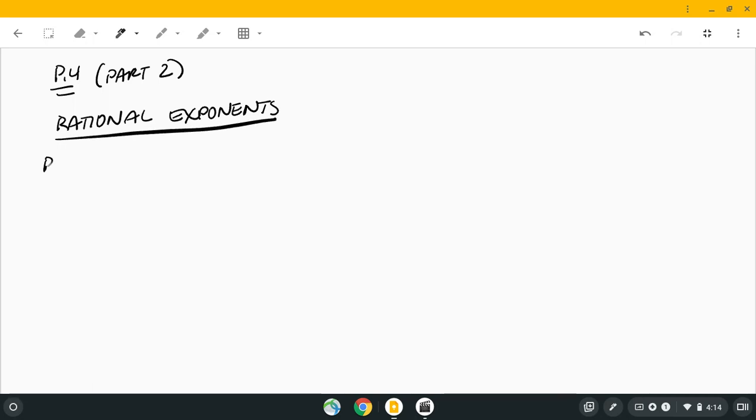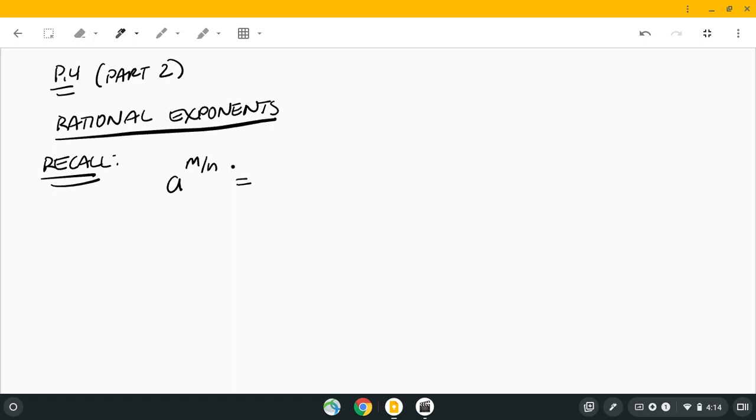Okay, so let's just recall what it means when we have a fraction exponent. So if you have some base to some exponent, and that exponent is a fraction, then that fraction exponent means that you are taking a radical, a root.